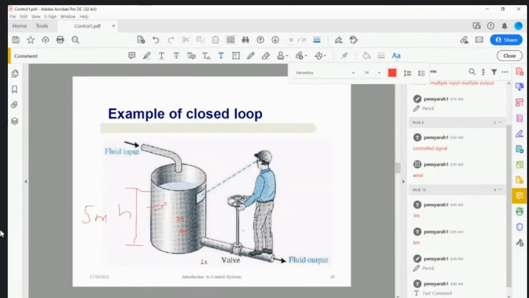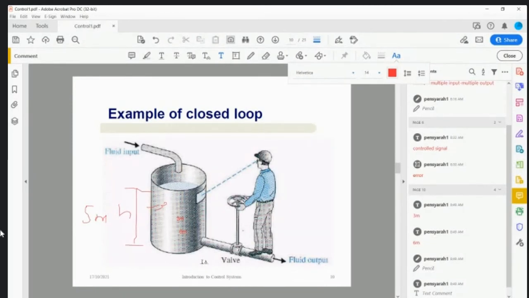But if the water level is more than 5 meter, you need to make sure that the opening is closed or a smaller opening only. So this is an example of controlling a water level system, right?